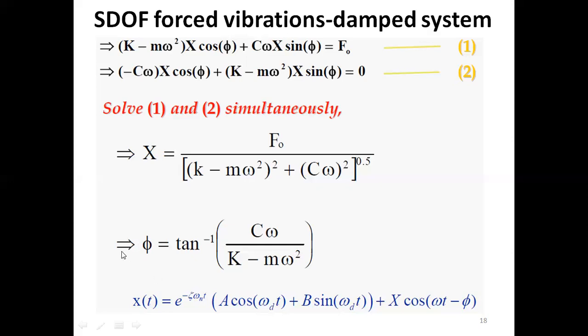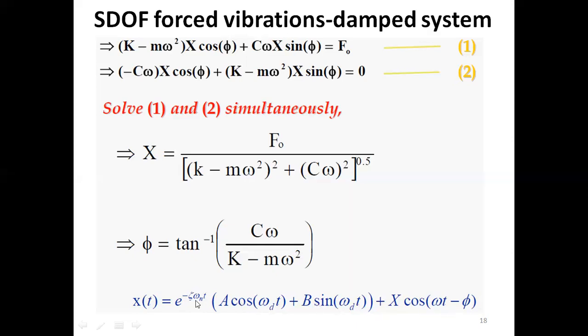So now we have the total response of the system. This is the total response x of t, and this is the transient part. The transient part is exponential minus zeta omega n t times (A cos omega d t plus B sine omega d t), and then we have the steady state part, which is capital X cos (omega t minus phi).